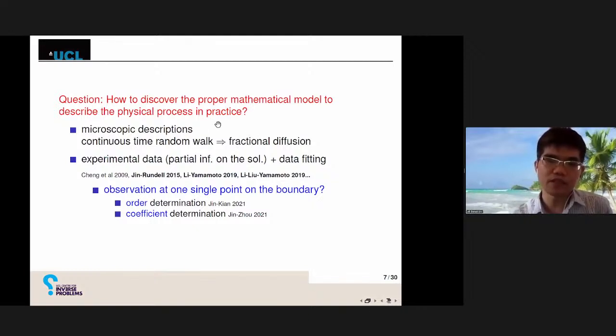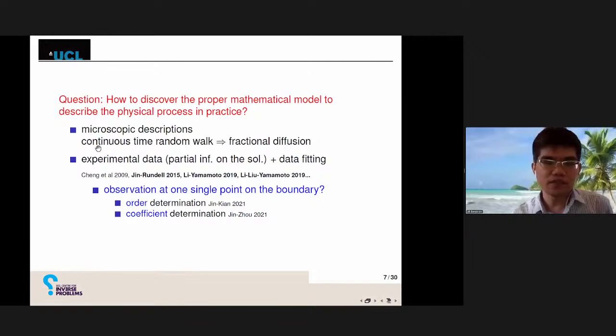There is a one-to-one correspondence between these microscopic parameters and the parameters in the time fractional diffusion model. So for example, the order and other parameters can be specified in this way. However, this approach requires that we actually understand the physical process relatively well.